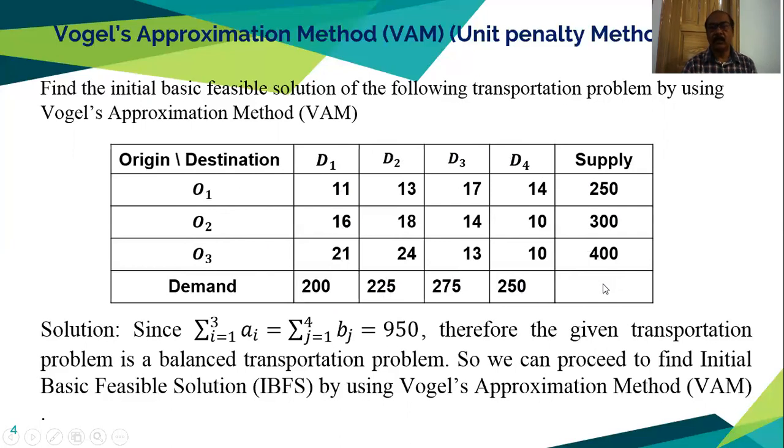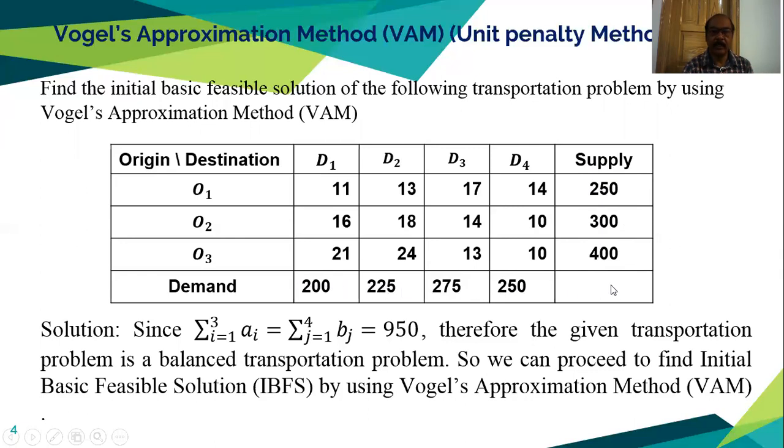Now the start solution. During the start solution, you have to check whether the given transportation problem is balanced or unbalanced. In this case, total available, summation of a_i, is equal to 950, and total demand is equal to 950.